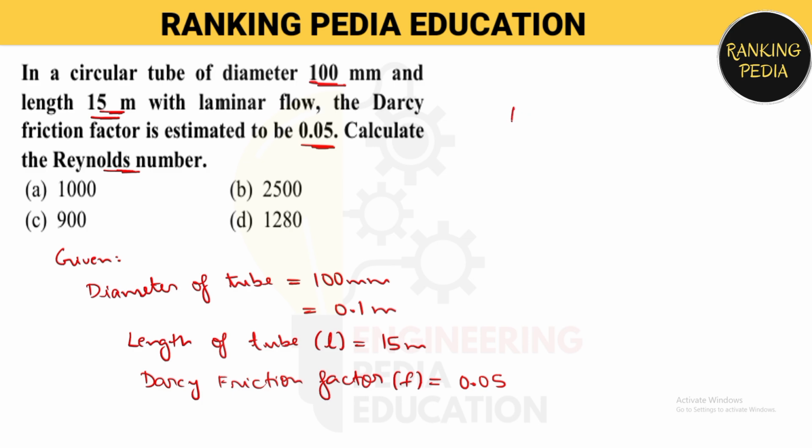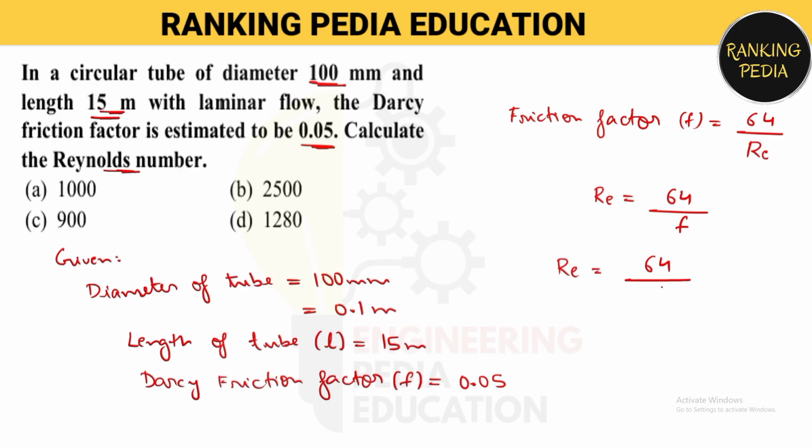So as we know, friction factor f is equal to 64 by Reynolds number. So from here, Reynolds number is 64 by f, which is friction factor. Friction factor is 0.05.